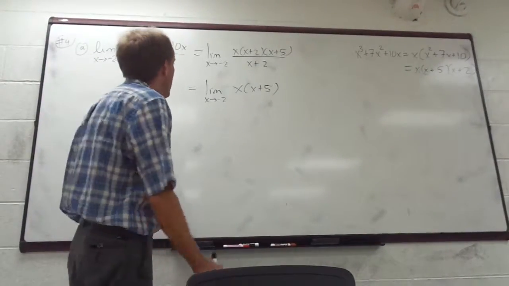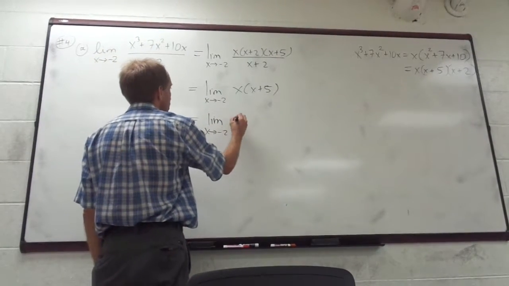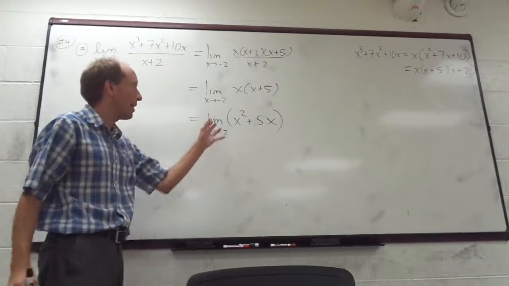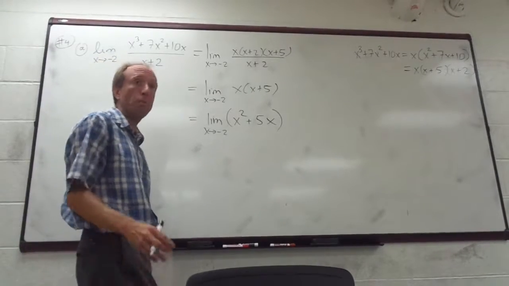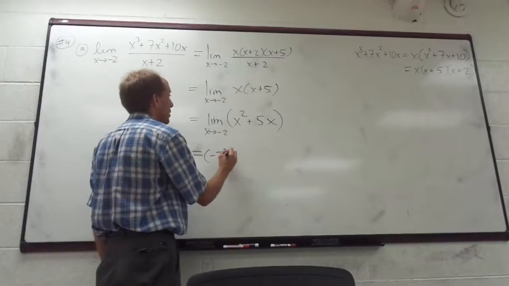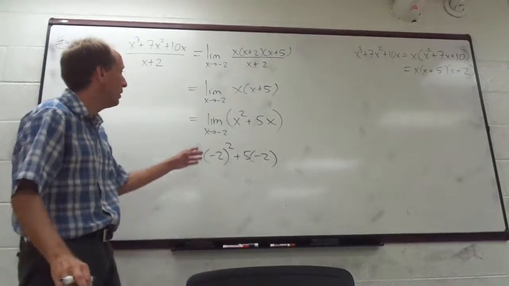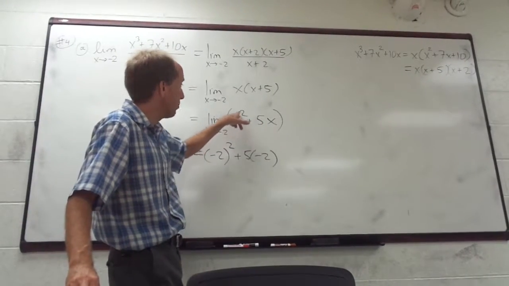Okay. All right, and so now you have the limit as x approaches -2 of x squared plus 5x, right? And how do you evaluate that limit? Plug it in. And when you plug it in, what are you really doing? You're using the limit laws. Exactly, we're using the limit theorems here. We're saying that limits respect addition, they respect scalars, they respect multiplication.